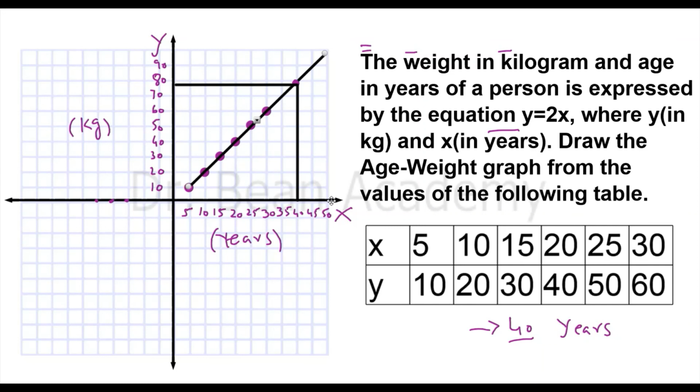So always be careful that whenever you have a graph, try to understand the values. This is why we show the units, so that you can predict that this relationship holds within some range. For example, when a person is developing, at 5 years, 10 years, 20 years, his weight of course increases linearly. But after crossing an age, for example, 30 or 35, the growth of the person stops and weight increases very slowly.